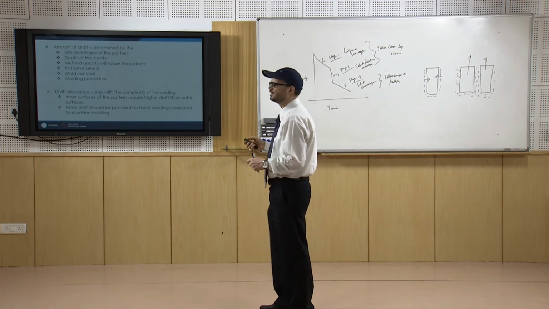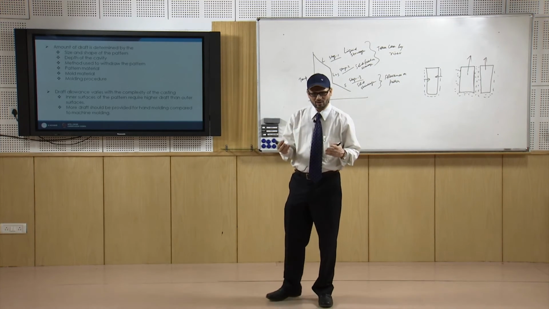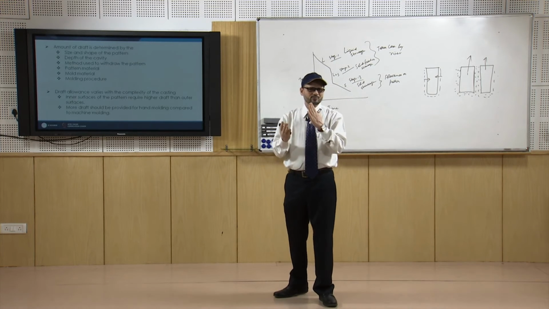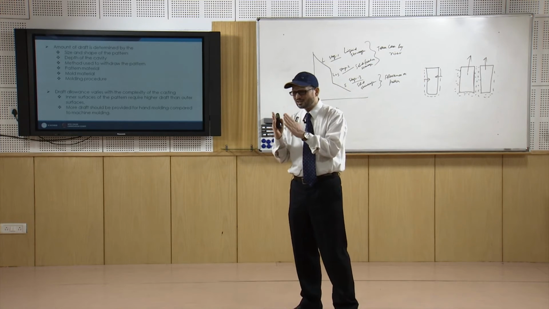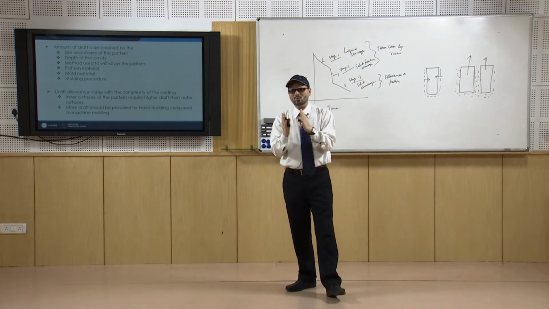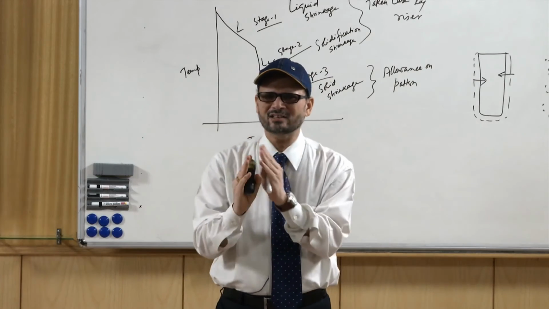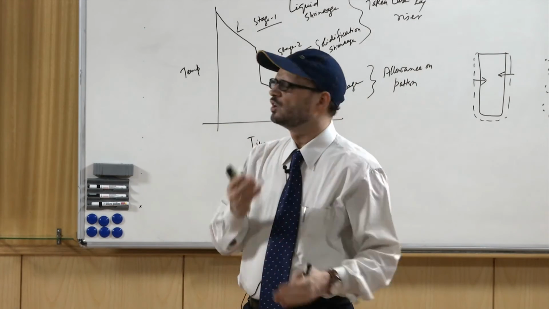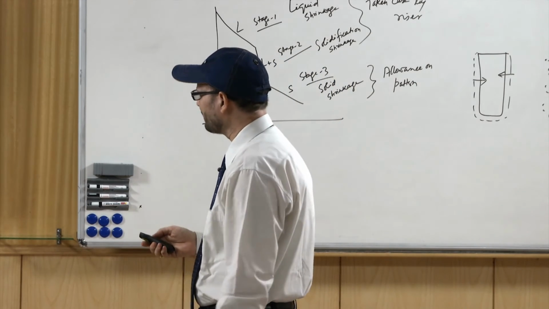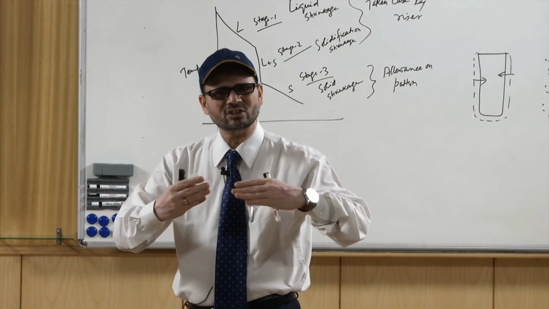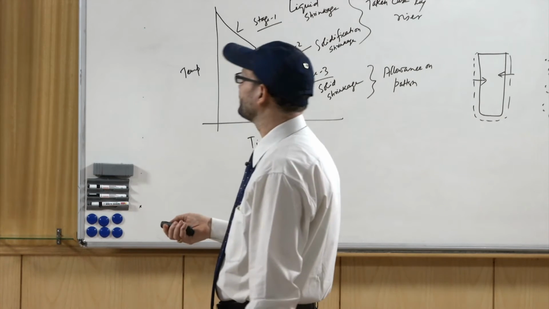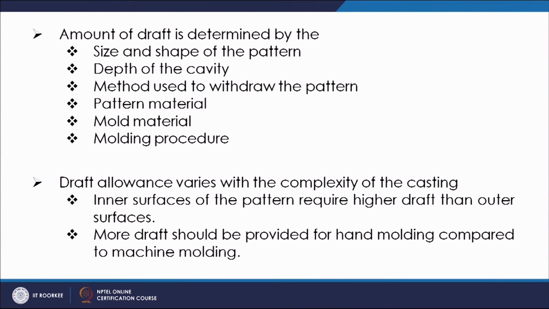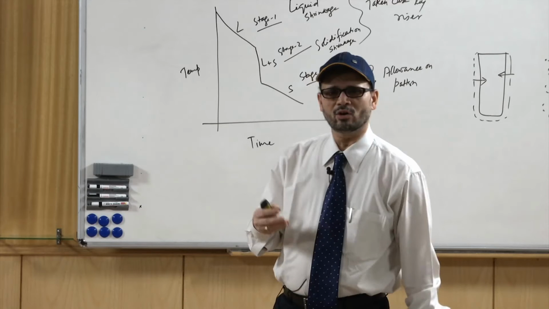Pattern material, whether it is wood or metal, matters because it affects the cohesion or attraction between the sand grains and the pattern material, which is also an important parameter, because that will either assist or create some difficulty in removal. Mold material, that is sand or metal, and then molding procedure, that is machine molding or hand molding.